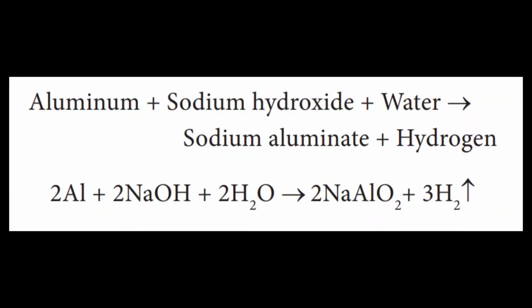Now we are going to see chemical properties. Reaction with metals, non-metals, and then ammonium salts. Generally, metals do not react with bases. Metals like aluminum and zinc react with bases like sodium hydroxide, forming aluminates and release hydrogen.